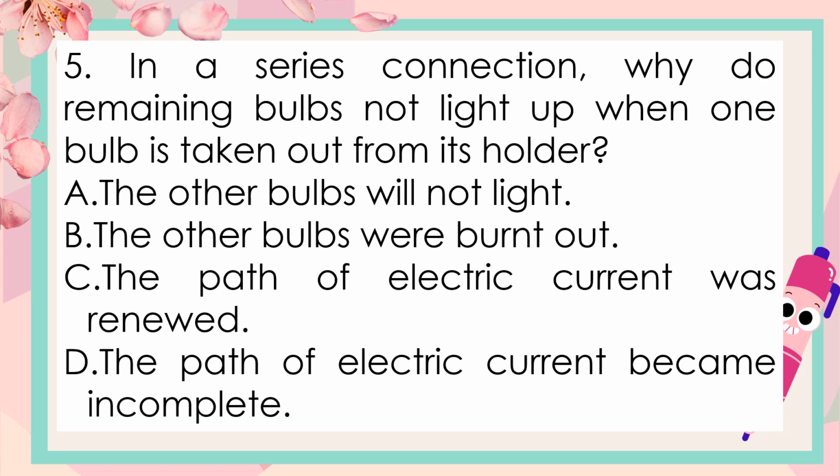In a series connection, why do remaining bulbs not light up when one bulb is taken out from its holder? A. The other bulbs will not light up. B. The other bulbs were burnt out. C. The path of electric current was renewed. D. The path of electric current became incomplete.